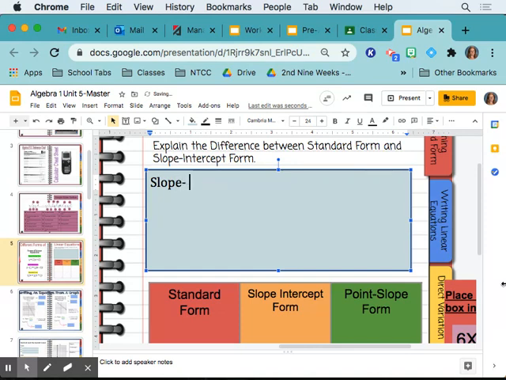Slope-intercept is the one that we've used so far, really. Slope-intercept form is easy to graph, right? Because you just graph the y-intercept, then you do your rise over run for slope. Should be typing this in there.